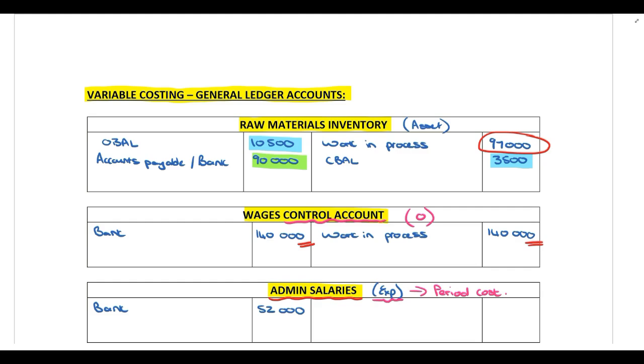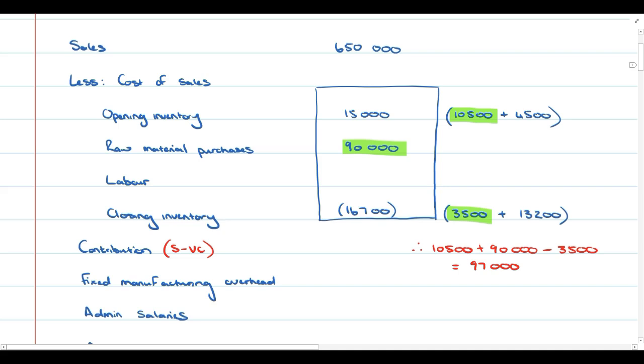So on my statement of comprehensive income, I'm expensing the actual cost for the month of 97,000. But the way we expense that cost is we start with our opening inventory of raw material, we add our purchases, we deduct our closing inventory, and the net effect is I expense the amount that was actually issued into production during the period.